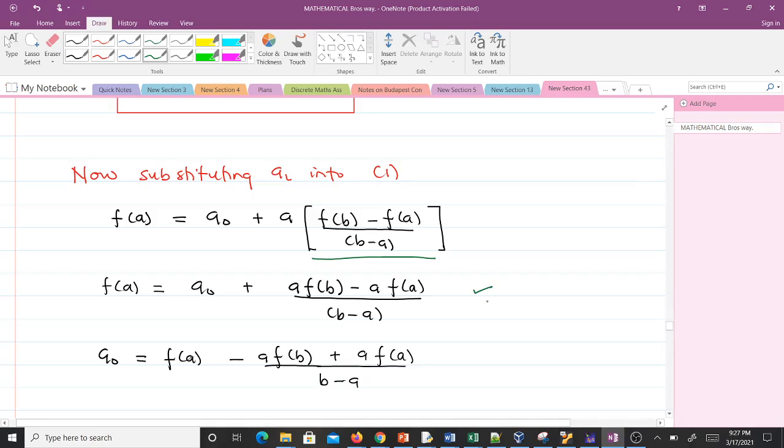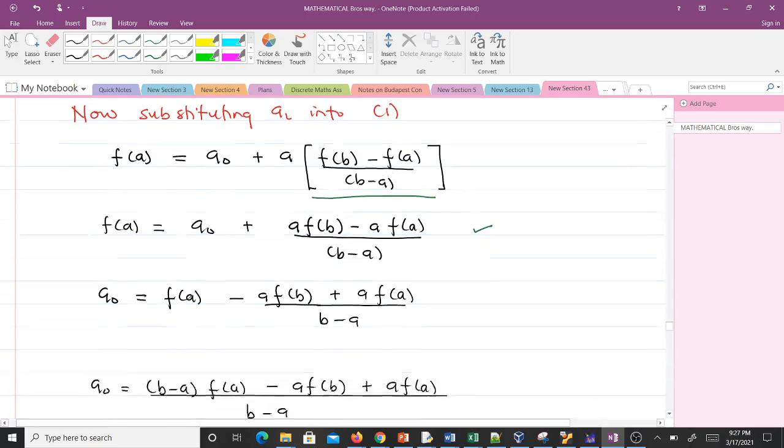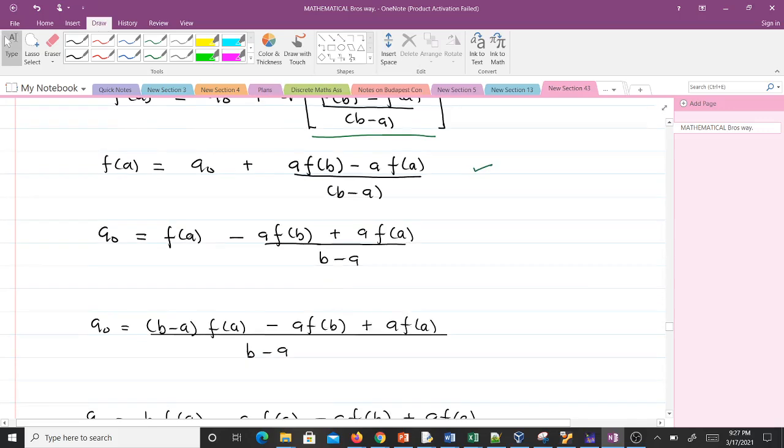So when we get this, since we are interested in a0, we can send this to meet this guy here. So that's the same thing as this. So we have a0 equals f of a minus whatever we have here. Okay. Then with the right hand side, we can decide to multiply f of a by b minus a, so that the LCM for that whole side will be what? b minus a.